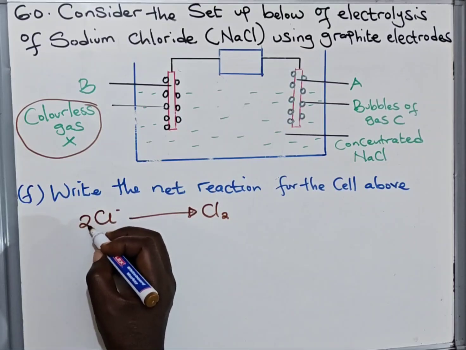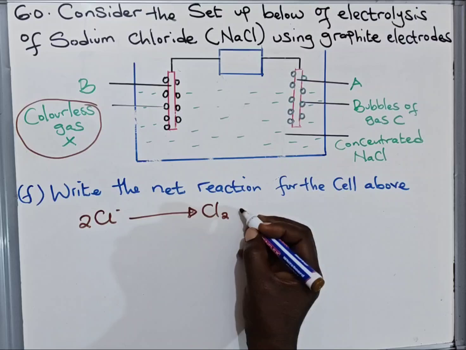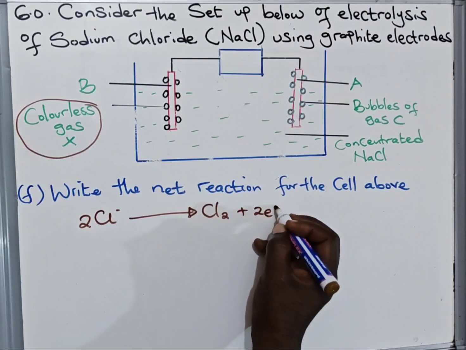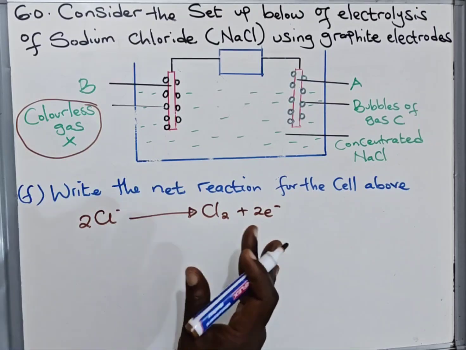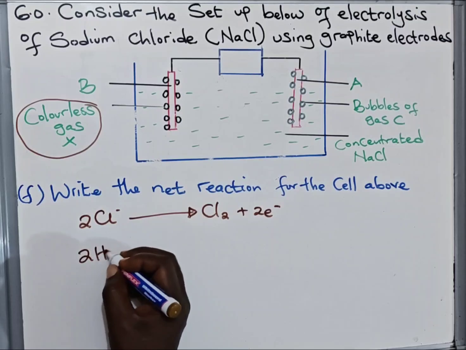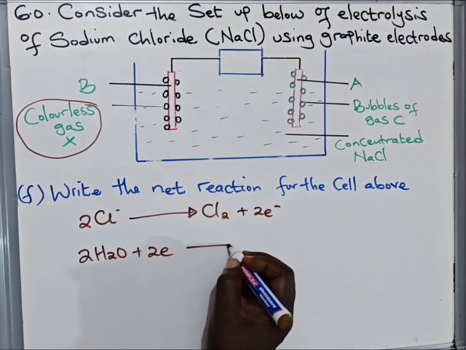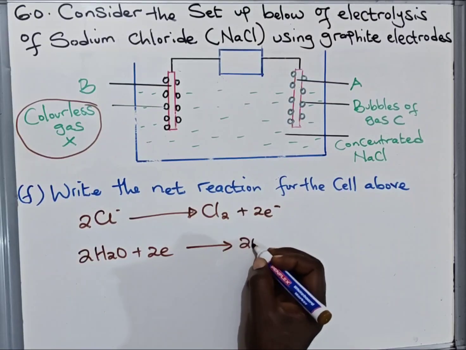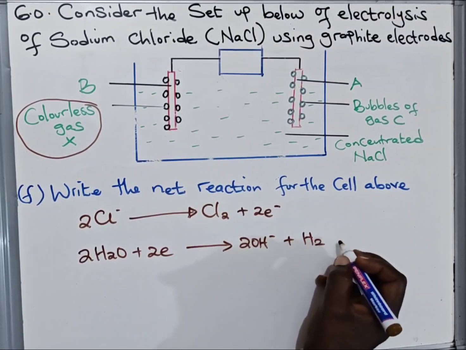You balance, and then this gives you the number of electrons involved, which you put here. So this is the reaction taking place at the anode. Then at the cathode, what do we say? We say the water was reduced to give you 2 hydroxide plus hydrogen gas.